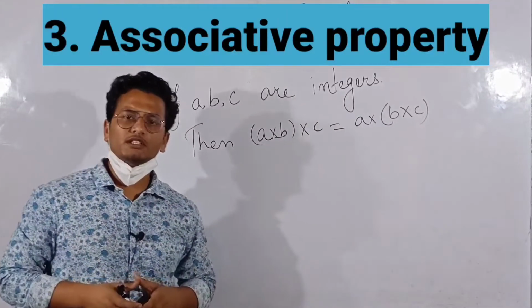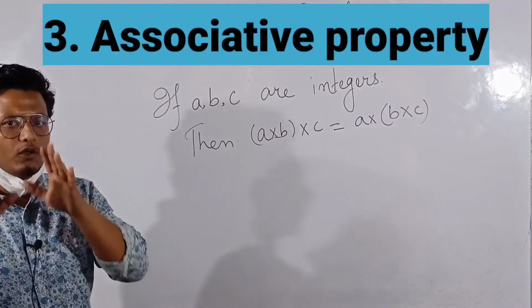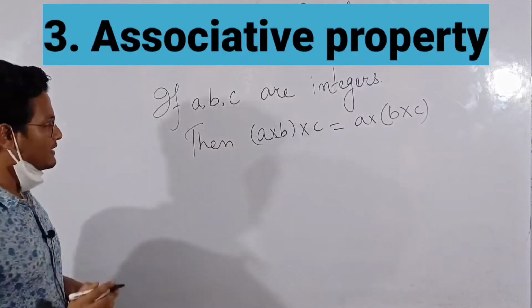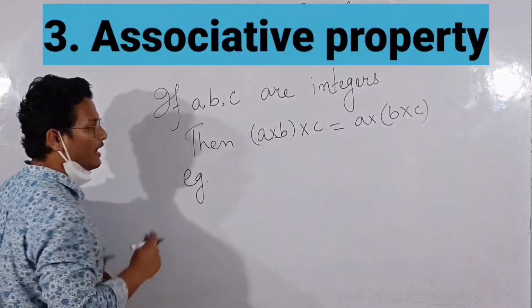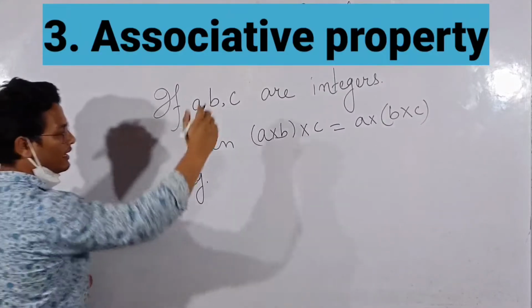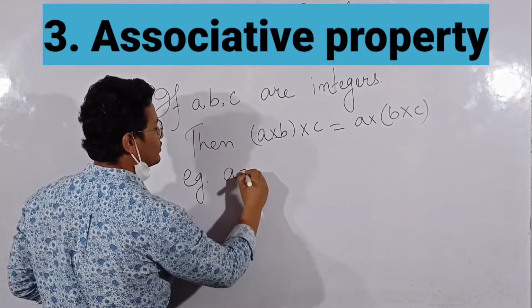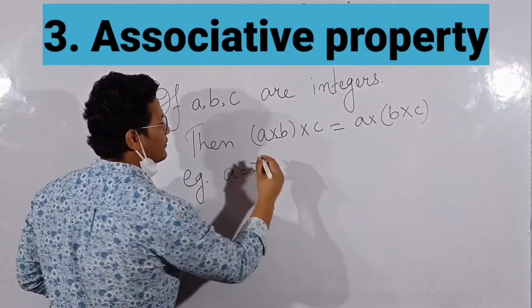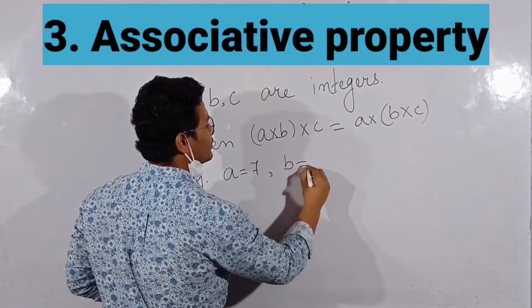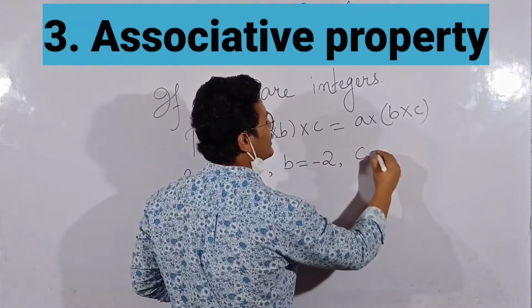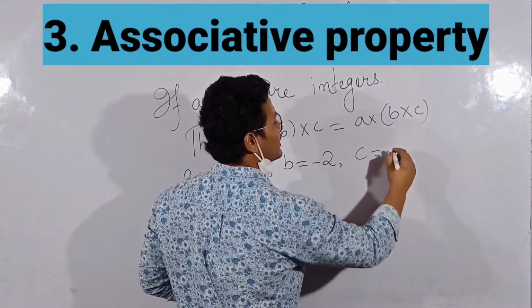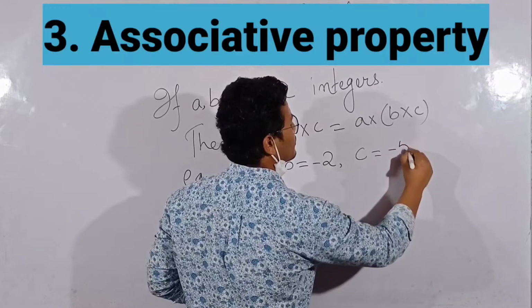This property, students, is very important. I will explain it to you with the help of an example. Let A equal to 7, B equal to -2, and C equal to, let's say, -5.